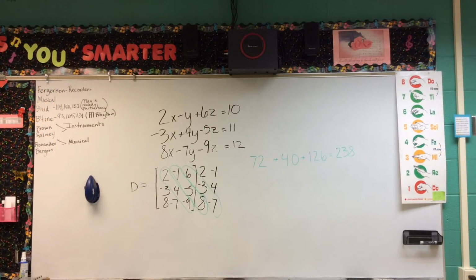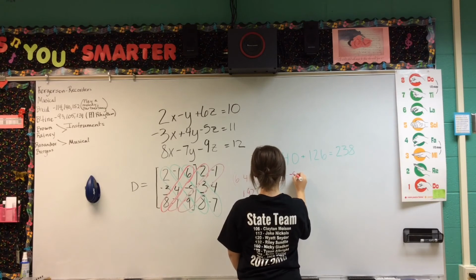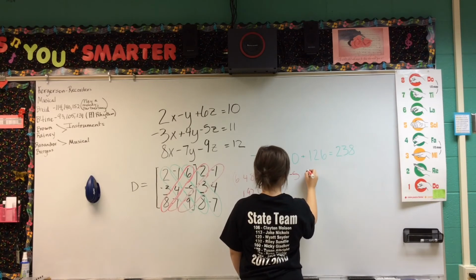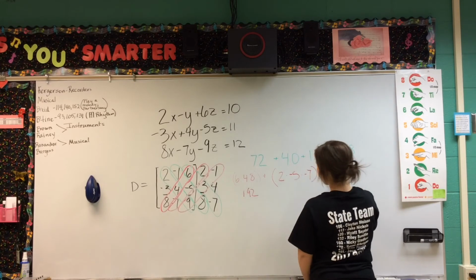Alright, so we've done the math, and it would be 72 is that first diagonal, plus 40, the second diagonal, plus 126, the third diagonal, and that comes to a grand total of 238. Okay, so now we are multiplying the red diagonals, just like the other problem.